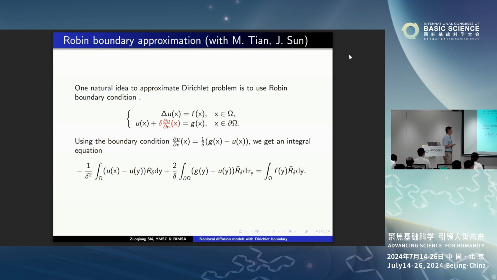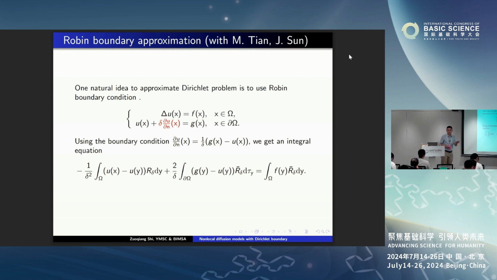The idea is also very simple. We just use the Robin boundary condition to approximate the Dirichlet boundary condition. Here we add this normal derivative term. Here delta is that small parameter. We know that as delta goes to 0, this Robin boundary condition can approximate the original Dirichlet boundary condition, right? Then from this Robin boundary condition, we can solve for the normal derivative.